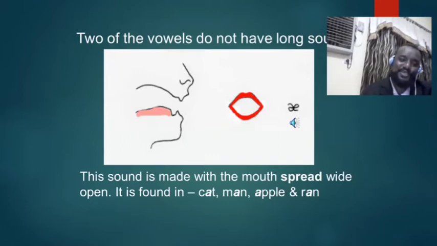This is the shape, or this is the symbol. If we look and note the lips, they look spread, not round. So this sound is made with the mouth spread and wide open, wider than the others.